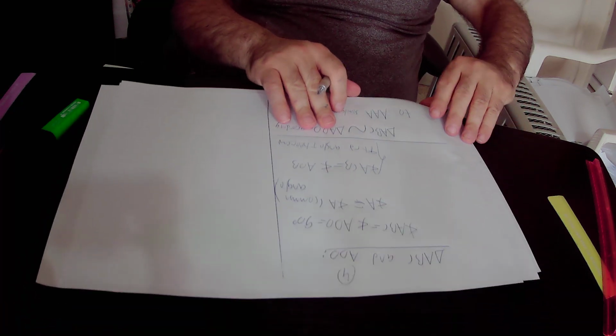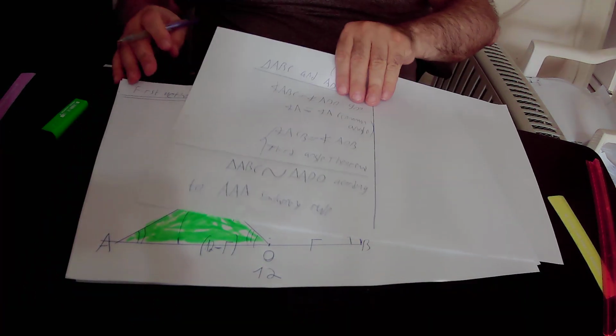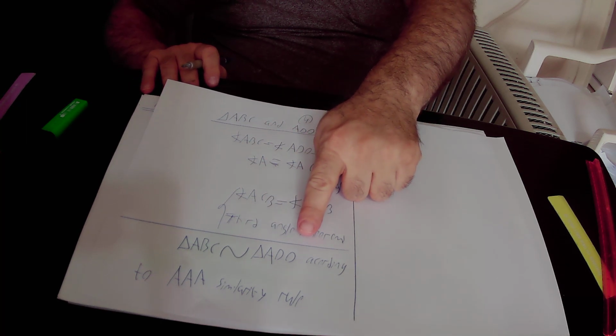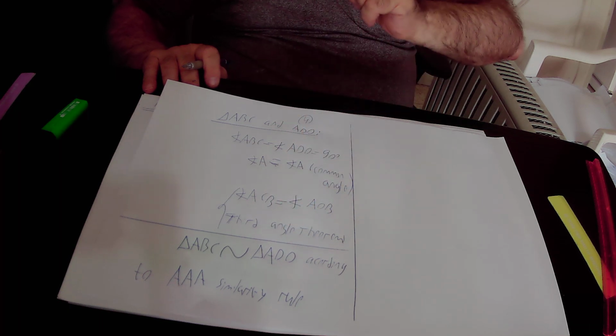I'll repeat again. We actually proved that triangle ABC is similar to triangle ADO, the green triangle, according to angle similarity rule.